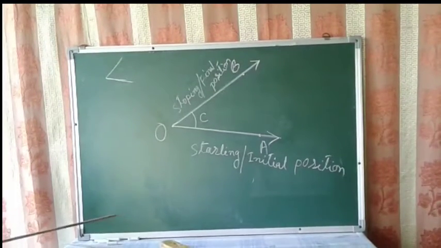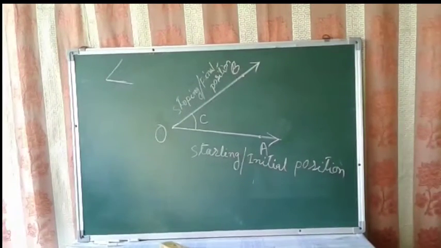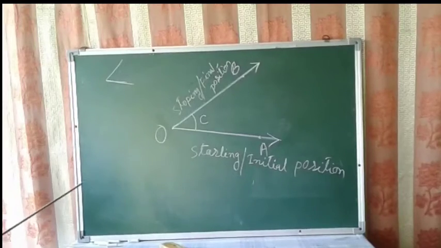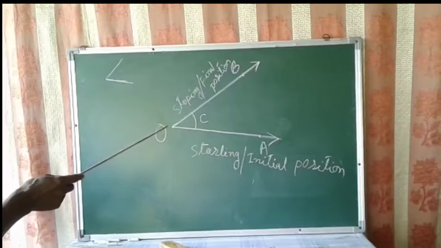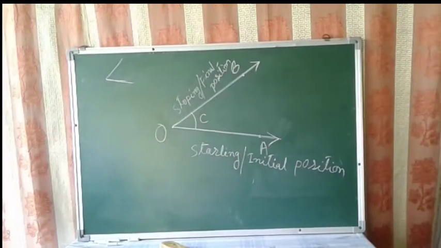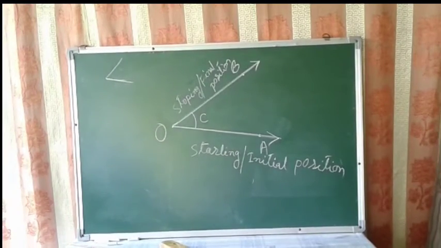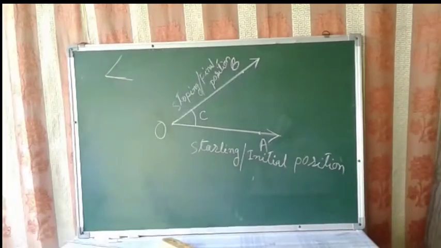Students, another definition of angle: it is formed by rotation of a ray about its endpoint.